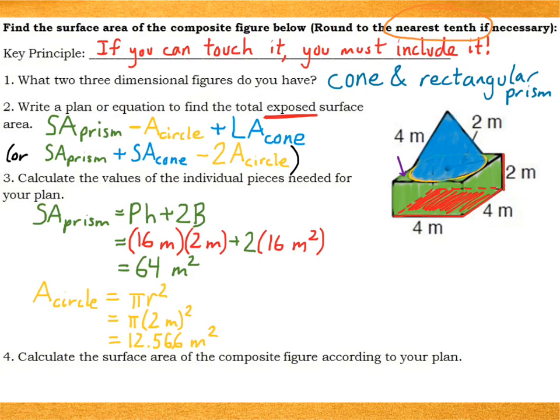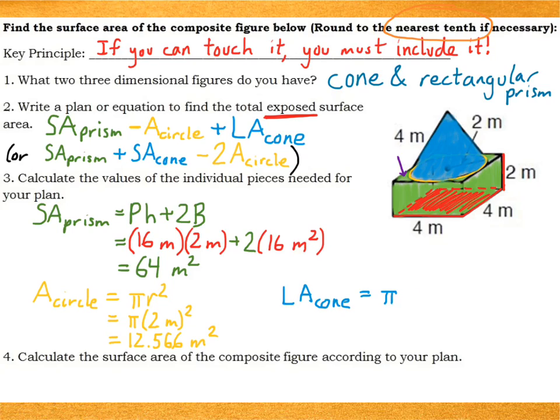So you don't want to round until you get to the very end of the question, because the more times you round, the more your final answer will be off. So I'm going to keep more decimal places. I'm going to keep 3 decimal places here. I don't want to write down all of them, but I'm going to use all of them in the calculator and use the answer button to carry forward what I need. Okay? So don't round until the very end.